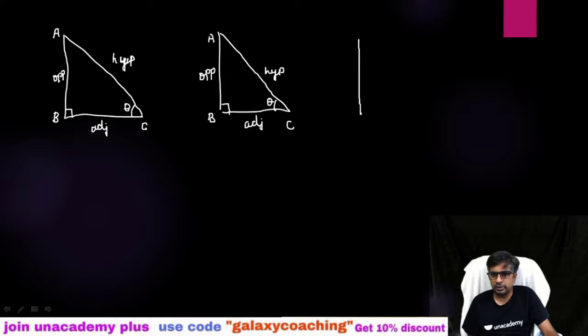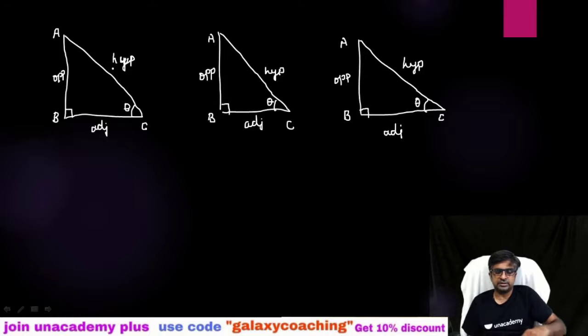Again, and you all know about Pythagoras, guys. So we are going to use Pythagoras here. So this is ABC, this is the hypotenuse, this is your main angle, and this will be opposite and adjacent. So three triangles. Now can we use Pythagoras and say AC square, means hypotenuse square, is equal to the sum of squares of the other two sides.